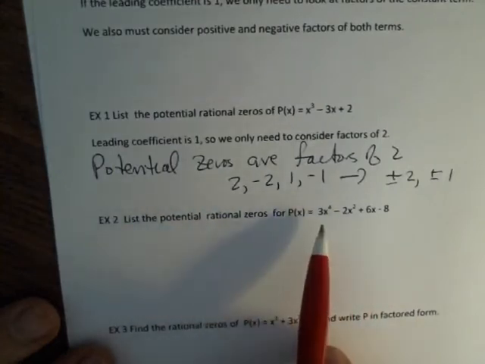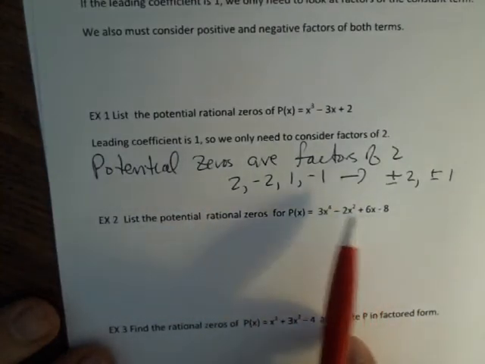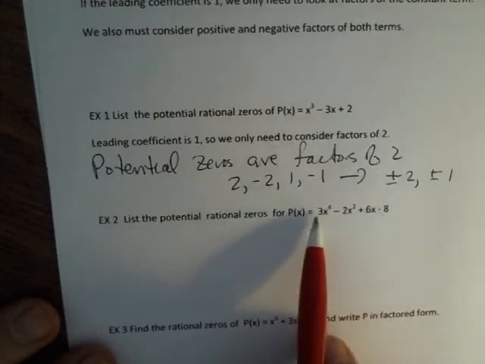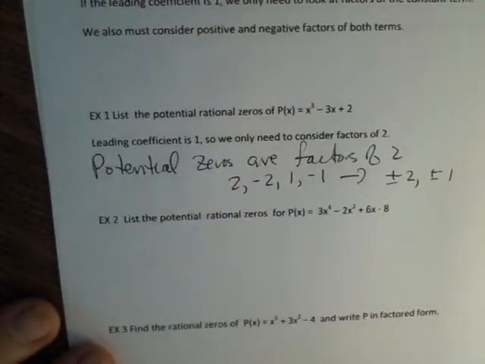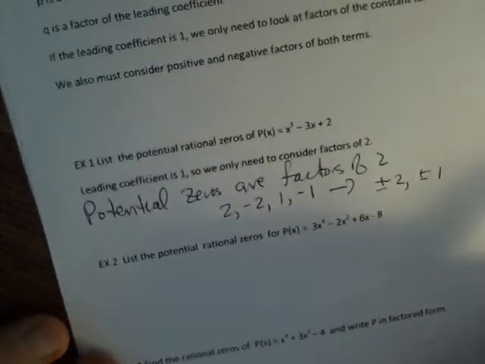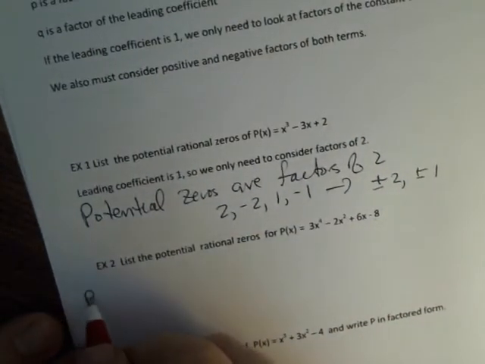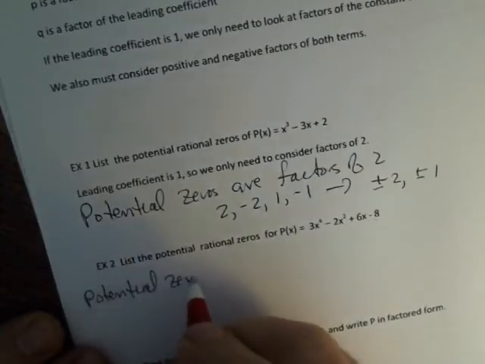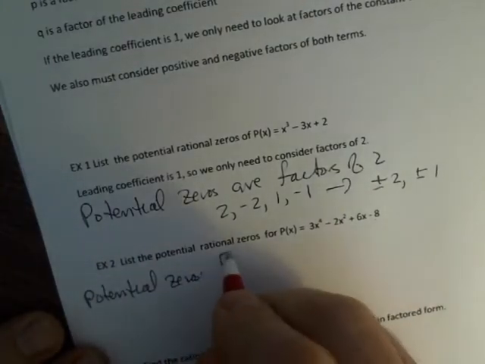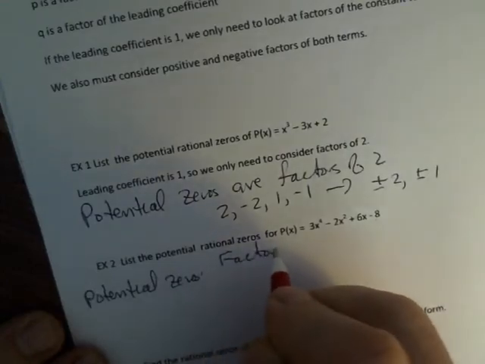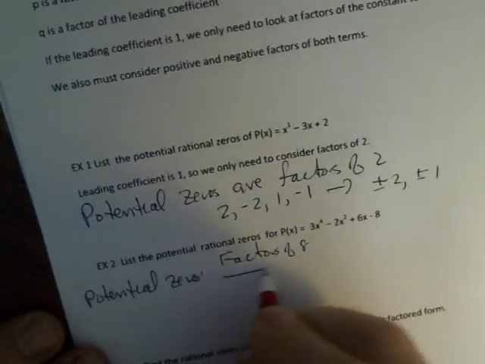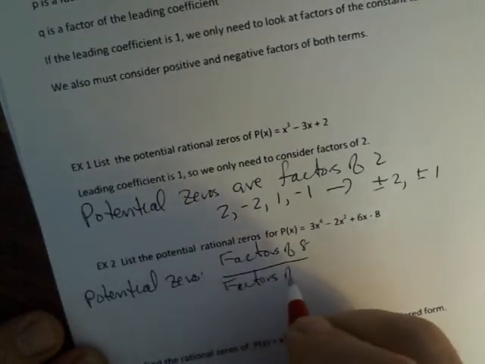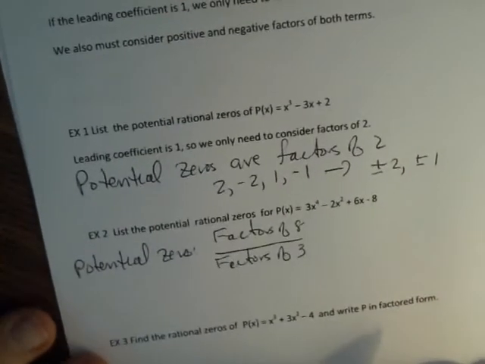What's different here in example 2 is we have our constant term, which is the 8, and we now have a leading coefficient of 3. So my potential zeros are going to be factors of 8 combined with the factors of 3.